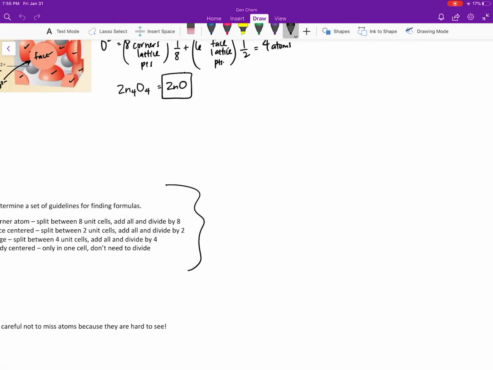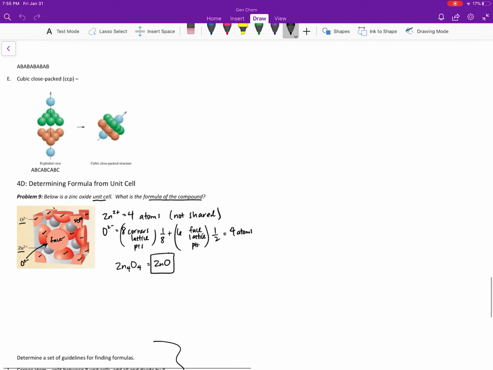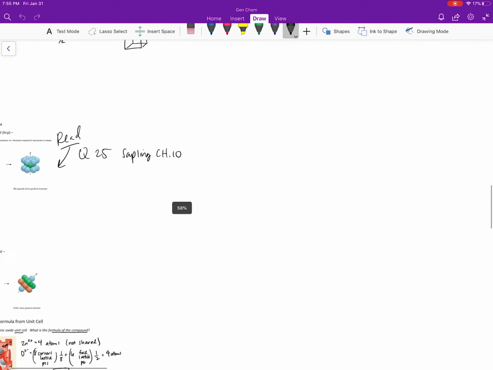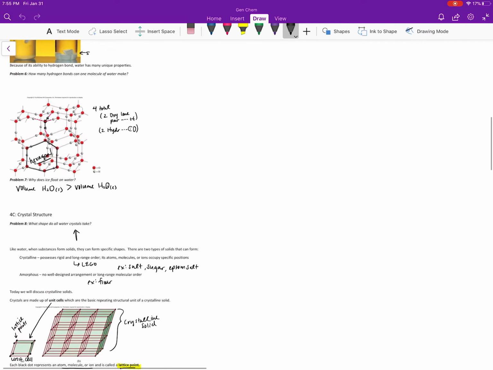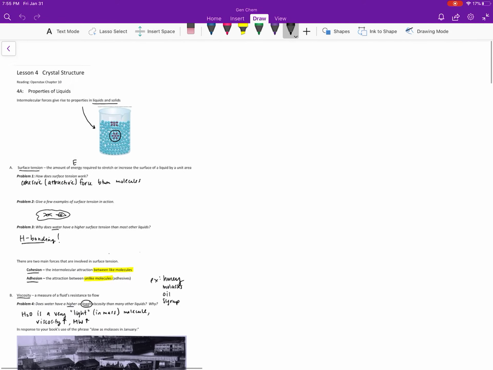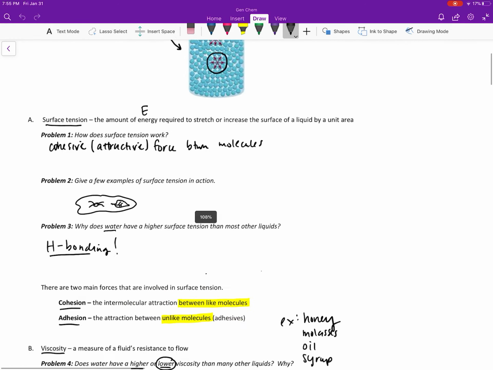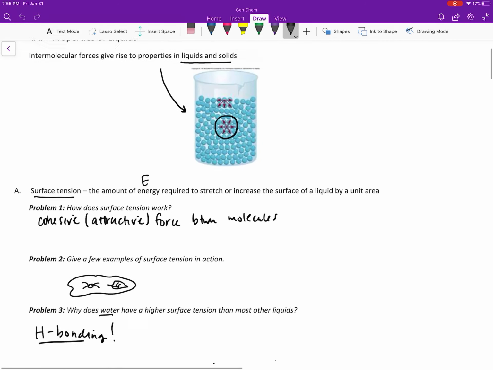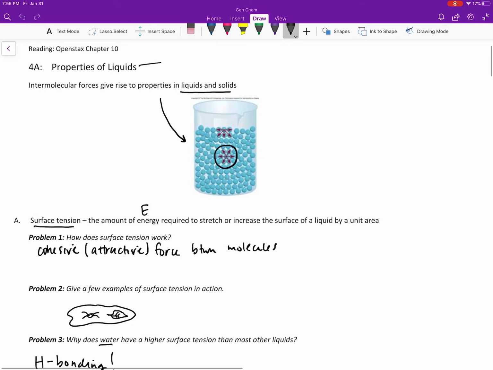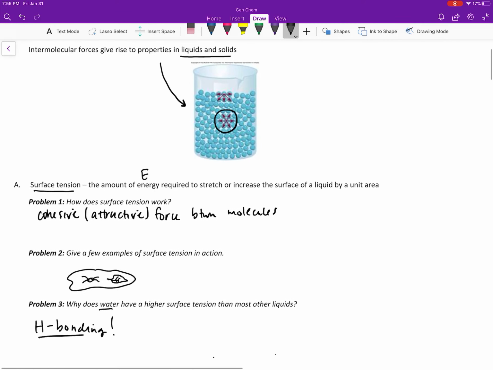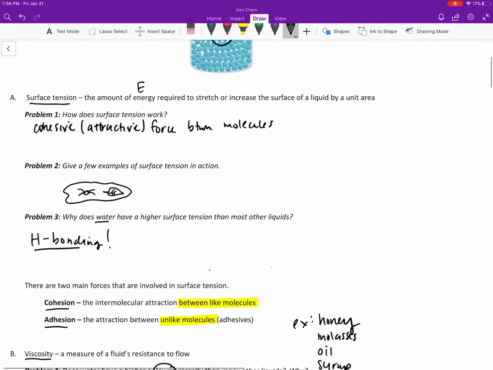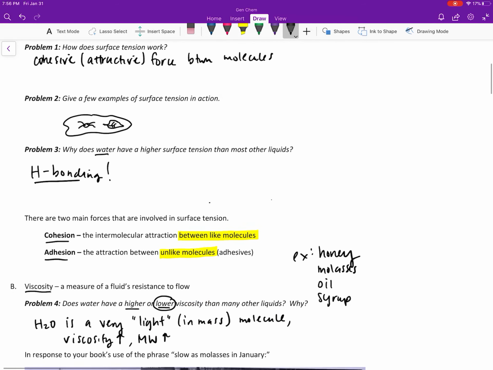So then we talked about crystal structures. We spent some time on this, and our first quiz was on this kind of stuff. So we kind of backtracked a little bit and talked about properties of liquids. This was part of your quiz, and how this gives rise to surface tension, which is cohesive.